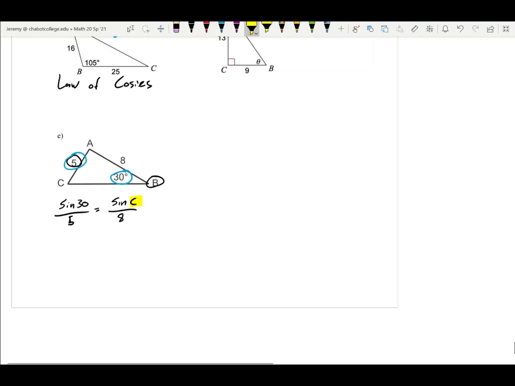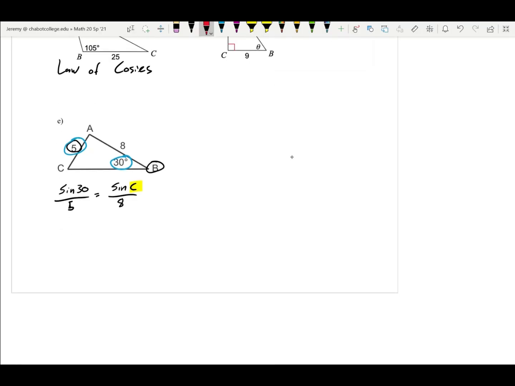But it does turn out that you could also use law of cosines. Because with law of cosines, I could use this: b squared is equal to a squared plus c squared minus 2ac times cosine of b. Really I chose this version of law of cosines because I have this angle b, so I wanted to use the version that involves that angle b.